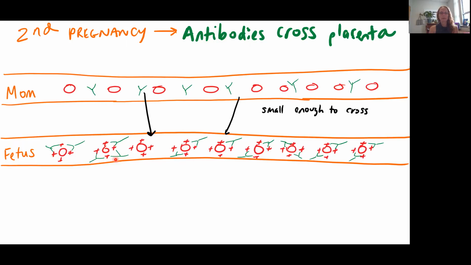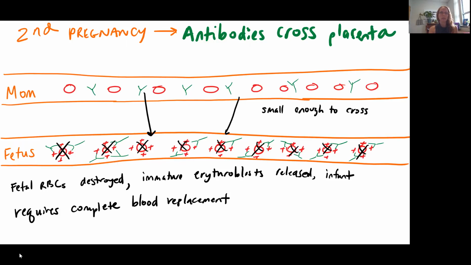And what will happen is this will lead to attack and rupturing of these red blood cells. And so if your fetal red blood cells are destroyed, the fetus's cells in the bone marrow are going to increase the production of red blood cells.